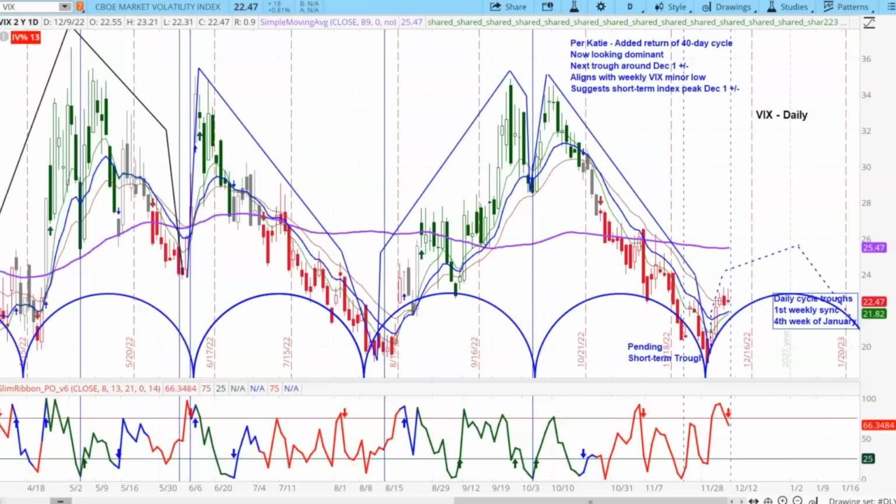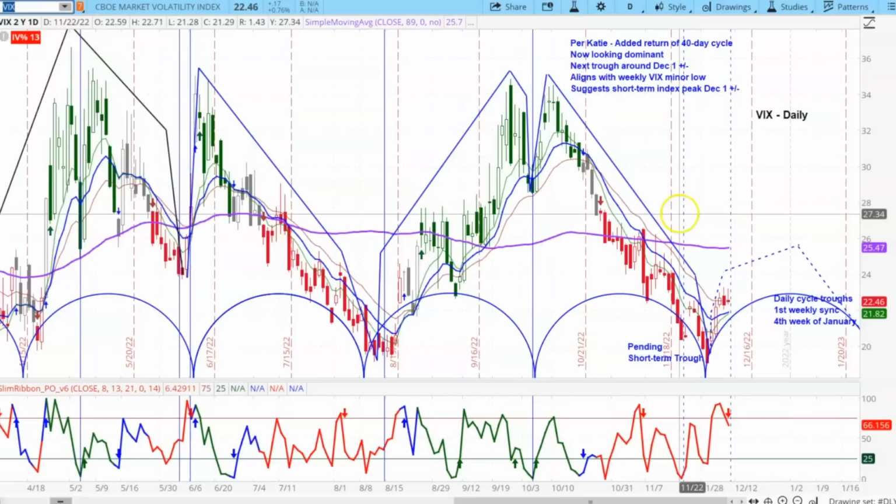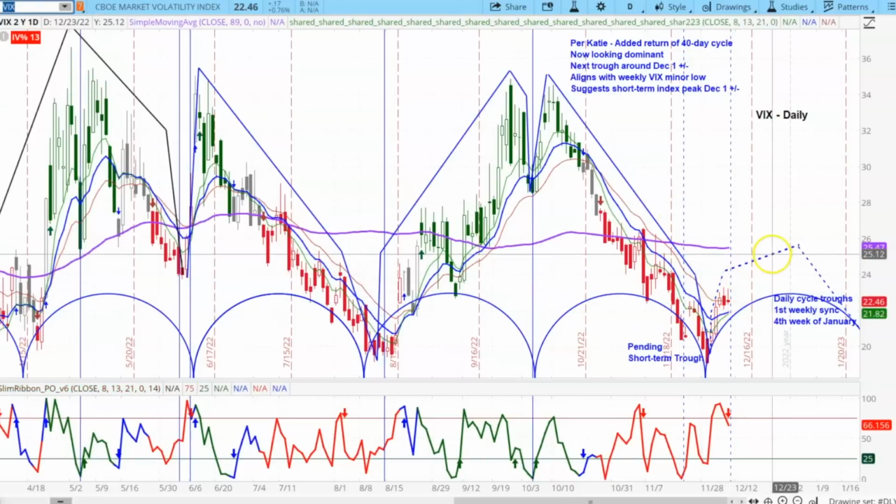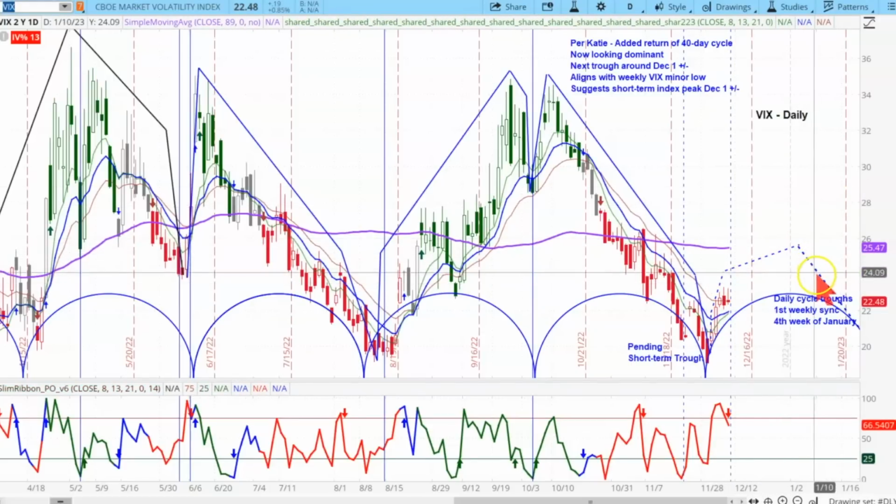So that's important information as we switch over and look at the stock market. Again, what this says to us is that likely we're going to get a decline in the stock market towards the end of the year as implied volatilities go up, and then an advance in the stock market through the 4th week of January as implied volatilities go down.